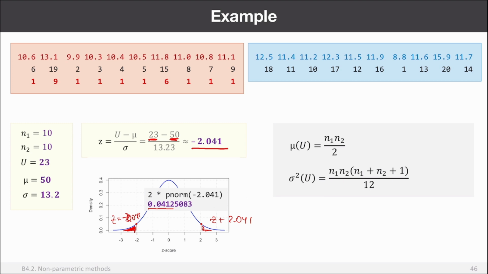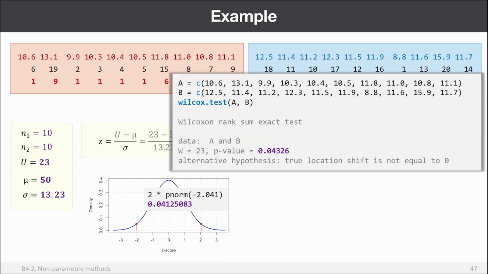Okay. So that's it. And now if I run the test, you can see I use the same function, wilcox.test. Like you remember, t-test works for one sample and for two samples. Likewise, the wilcox.test function in R also works for two cases, for one sample and for two samples. And then you can see that the p-value is slightly larger than this one. Why is it larger?